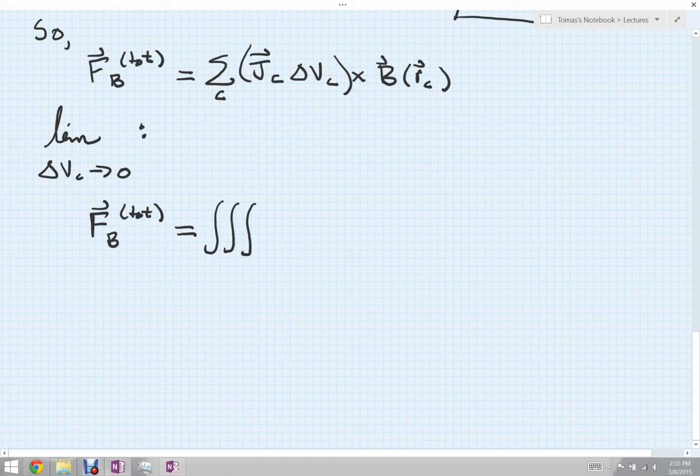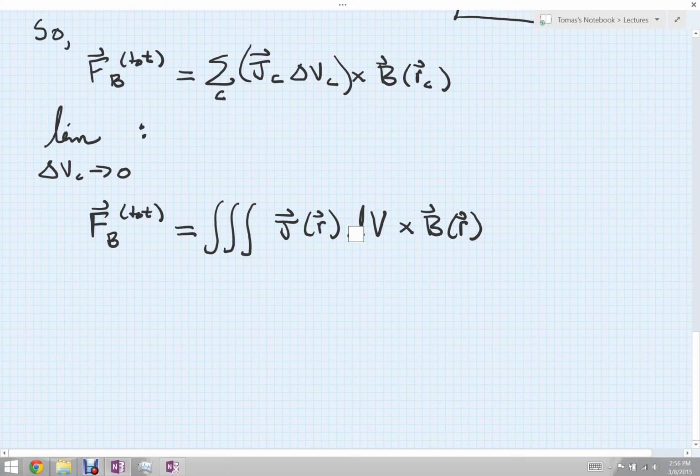You then have J at each location R times, remember, this becomes the current density of the chunk times its volume. In the limit, of course, that volume becomes dV. That has to be taken with the cross product of B at the location of each chunk and added up using my integral.